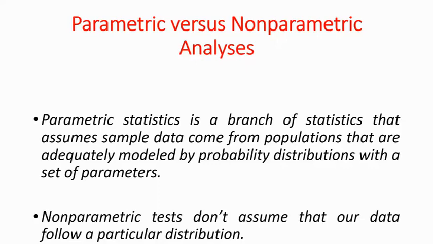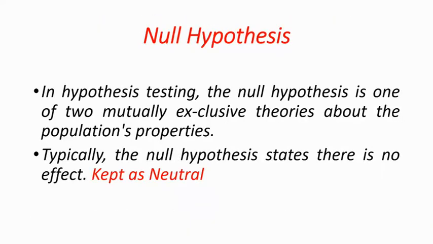In a parametric test, we assume that the probability distribution of the population is known. And in a non-parametric test, we don't have any assumption about the population distribution. Clear? We will discuss all these terms in detail. Okay, let's go to the next slide.